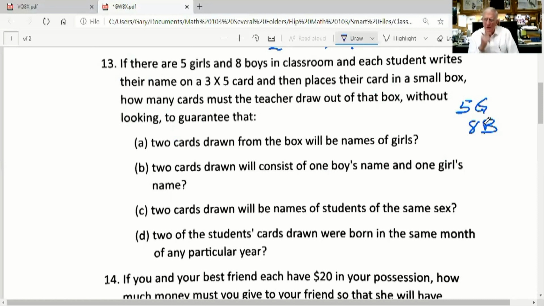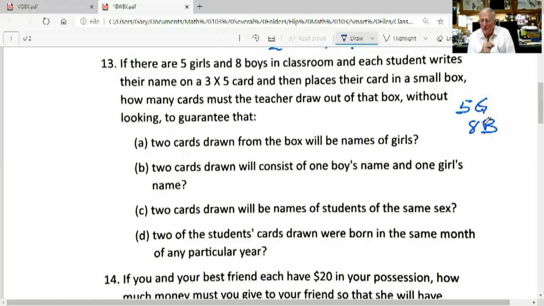Gee, well, let's think about that. Probably wouldn't happen, but is it possible the teacher could keep reaching into the box and by some miracle pull out all the boys' names first? That could happen, right? And we want to guarantee that by the time she's done drawing, she has 2 cards that have girls' names on them.